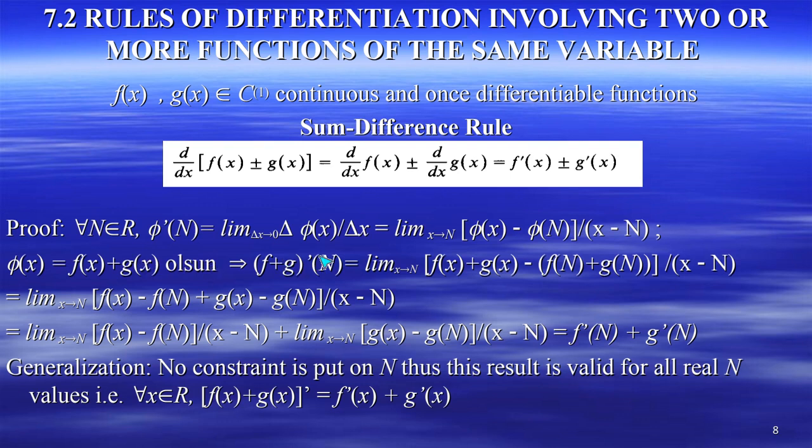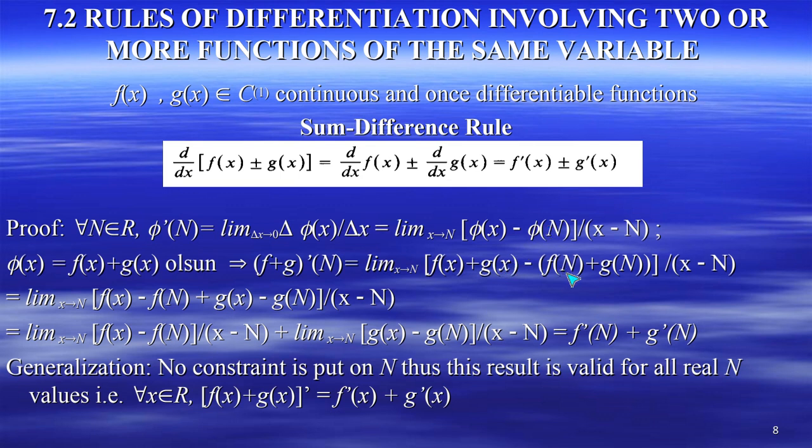So the derivative of it, the sum f plus g prime at the point n, is equal to the limit when x goes to n of f of x plus g of x minus f of n plus g of n. So we replace these phi's by their values. Phi of x is f of x plus g of x.